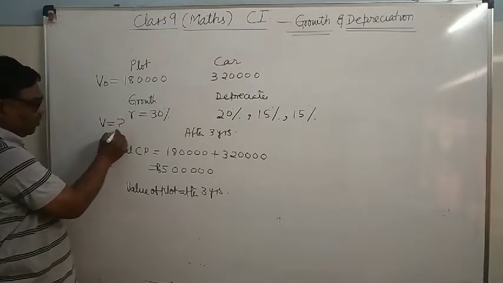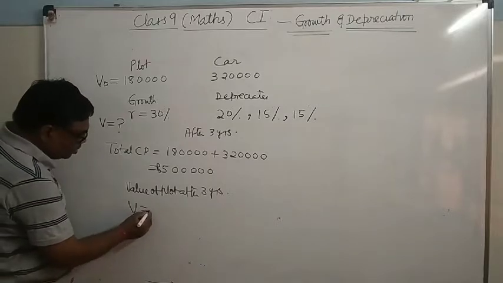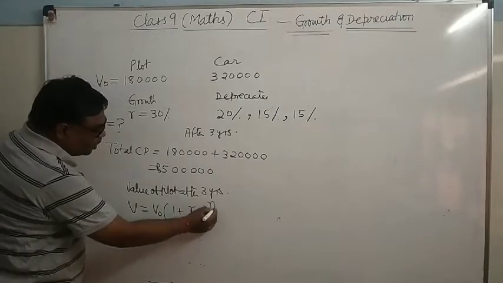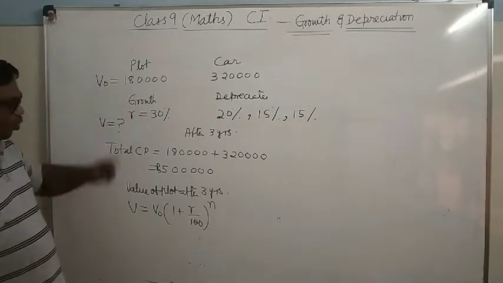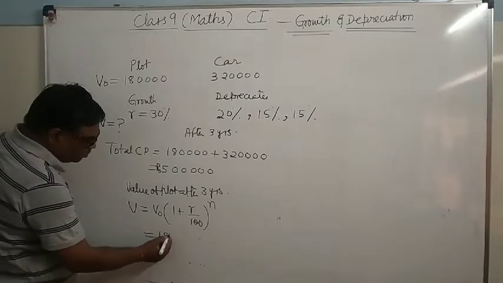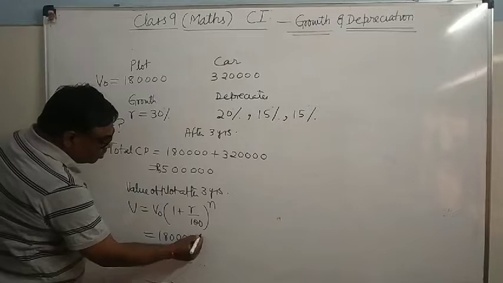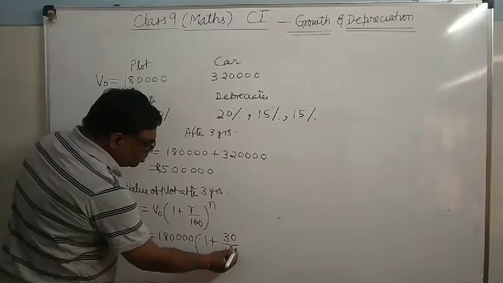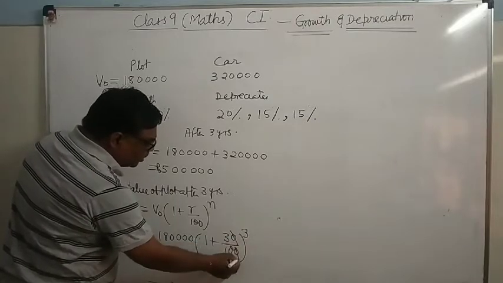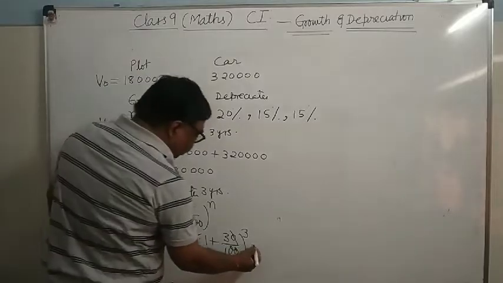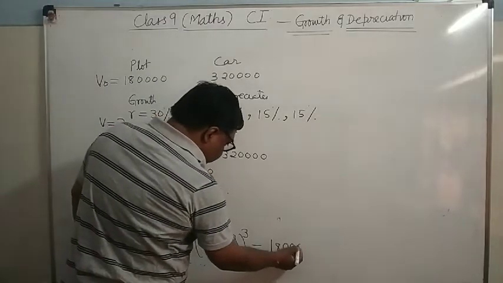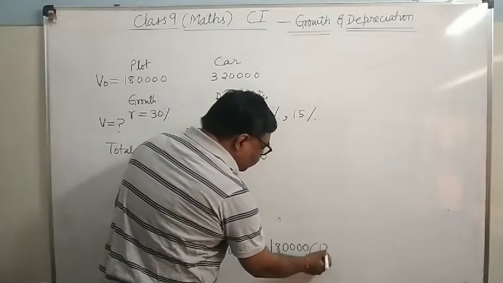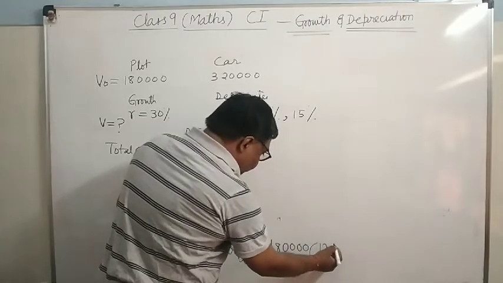and you have to determine V here. So what will be V here? V0, here you will use the formula of plus. Why will you use the formula of plus? Because it is growing. So it is V0 (1 + R/100)^3. You cancel this and simplify. 1 plus 3/10 is equal to (13/10)^3.